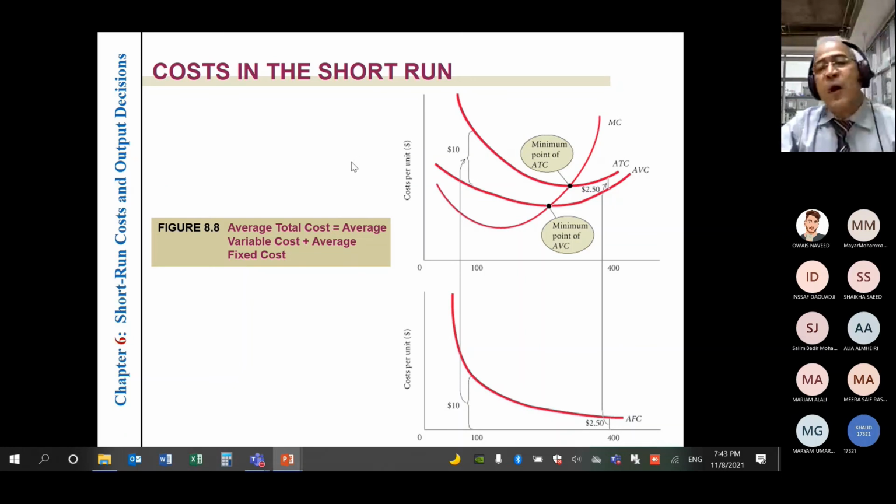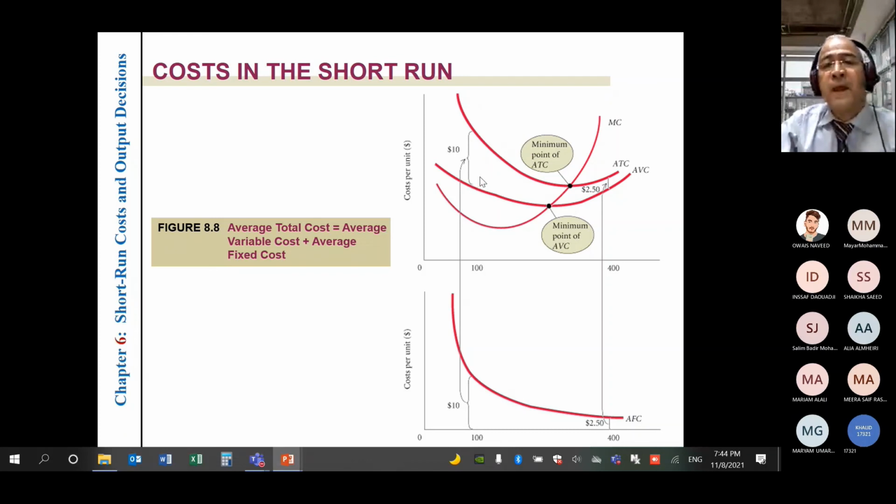The answer is quite easy, because average fixed cost decreases as output increases. So what is average total cost? Equal to average variable cost plus average fixed cost. So at this dot, this is average variable cost, and this is average total cost. The vertical distance refers to average fixed cost.